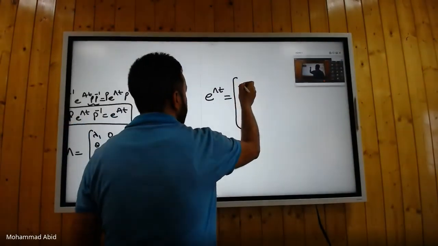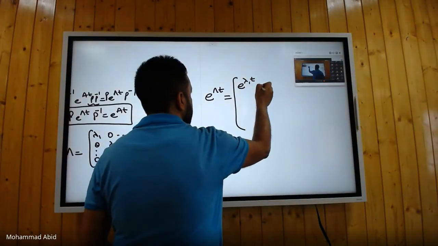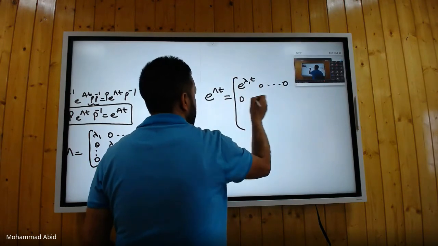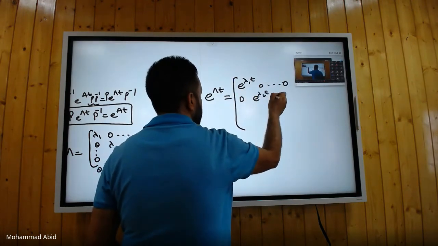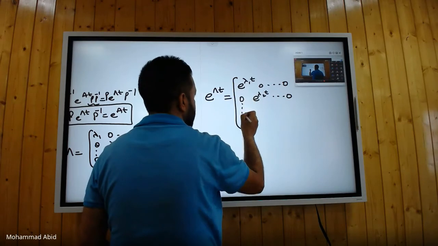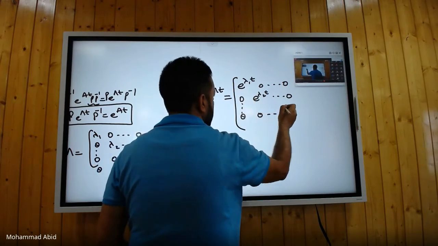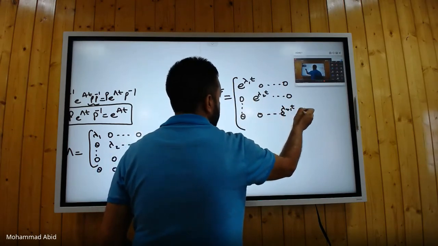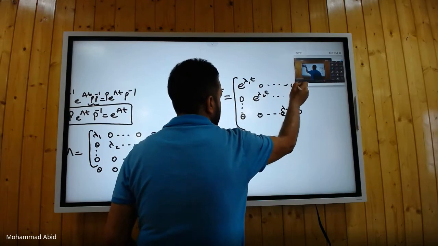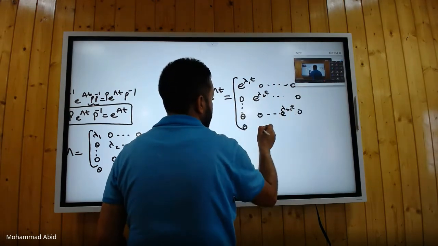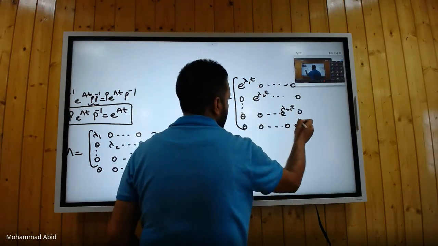So it will be like this: e to the power lambda 1 t so on up to 0, 0 e to the power lambda 2 t so on up to 0, then like this 0 0 so on e to the power lambda n minus 1 t and 0. Are you following me? Then 0 0 so on e to the power lambda n t.